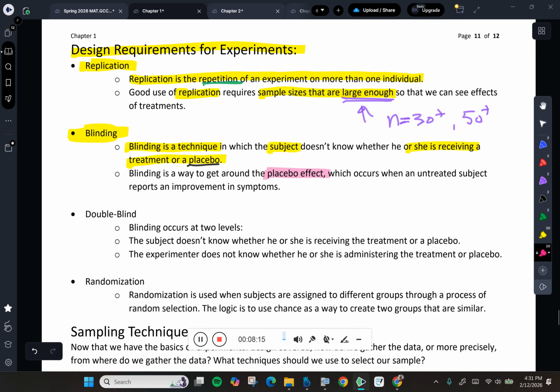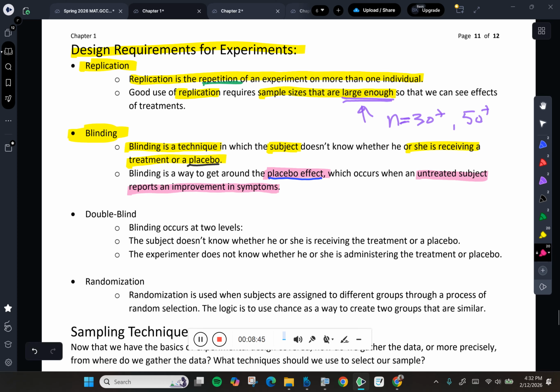The placebo effect is when an untreated subject reports improvements in symptoms because they think they got the drug. And if you think you got the drug, you might in some way affect the outcome of the experiment. That would be referred to as the placebo effect. But if everybody's taking a pill and you tell everybody they're taking a pill and you don't know whether it's the real one or not, it tends to reduce the placebo effect. Doesn't remove it, but reduces it.